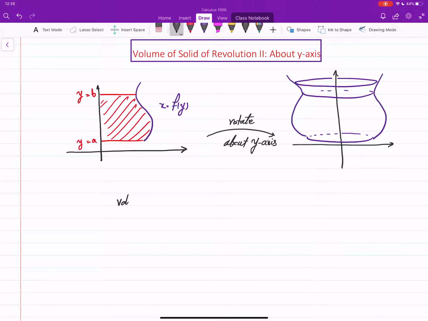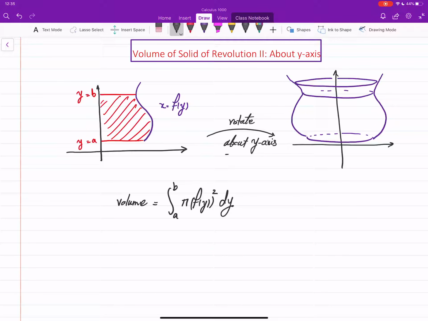So the volume in this case, the formula is very similar to what we had before. It will go from a to b of pi f(y) squared, the function squared, dy.